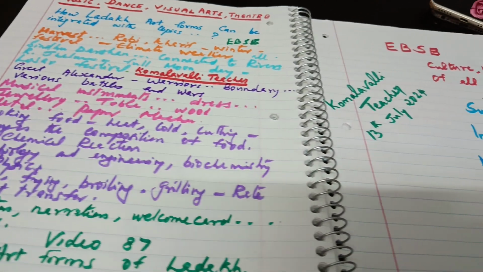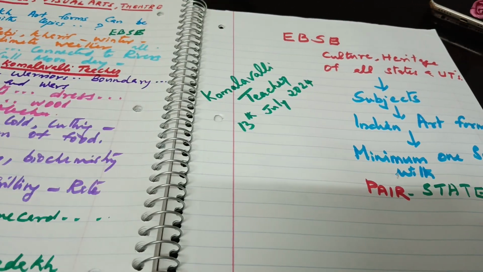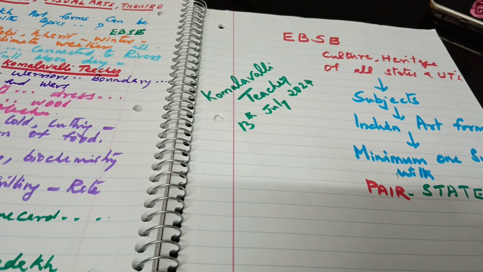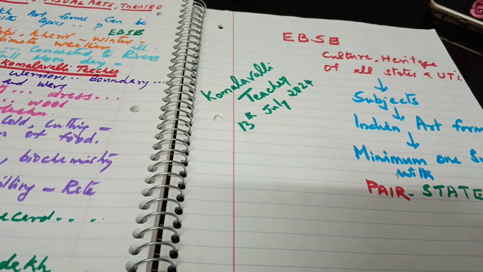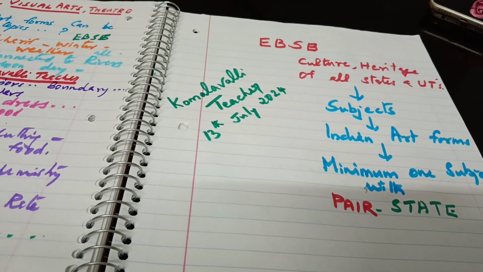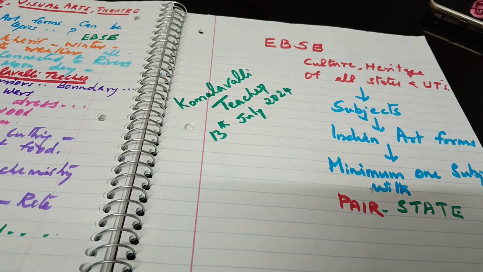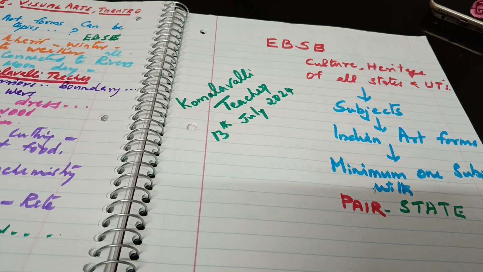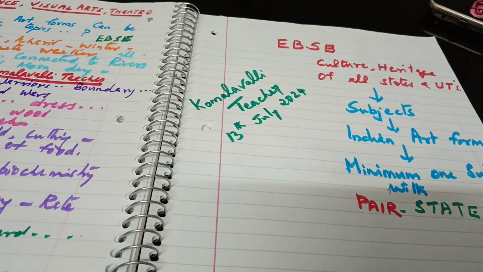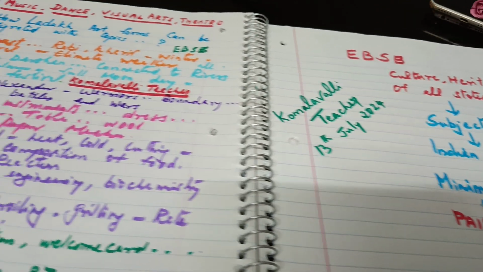You have to study the art form of the other state only. I have often seen some videos like that. It is not necessary to integrate with your own state's art form. Comparison is not at all necessary.